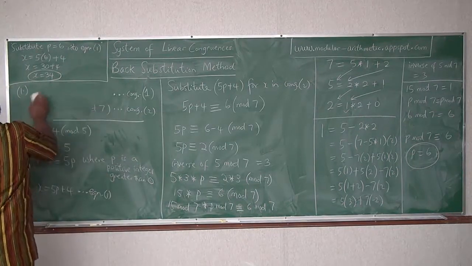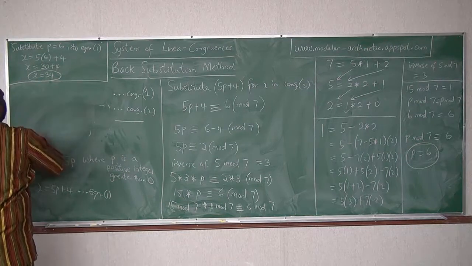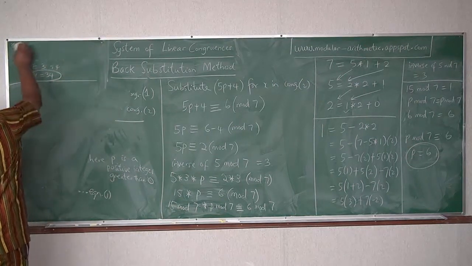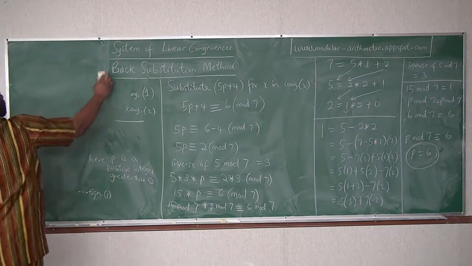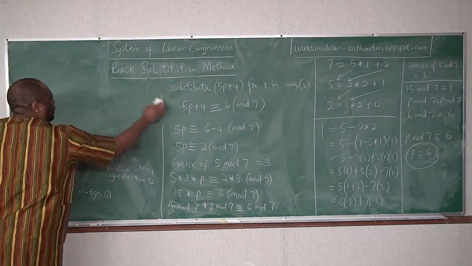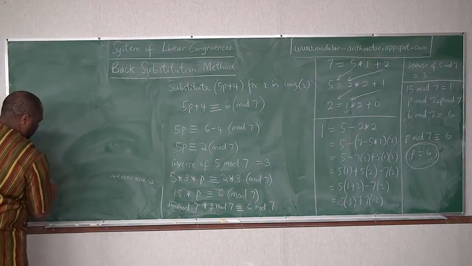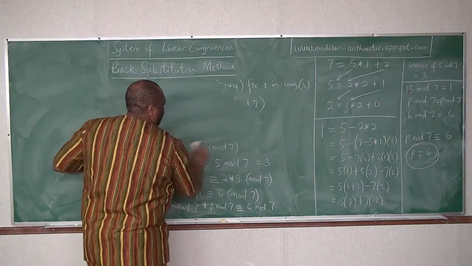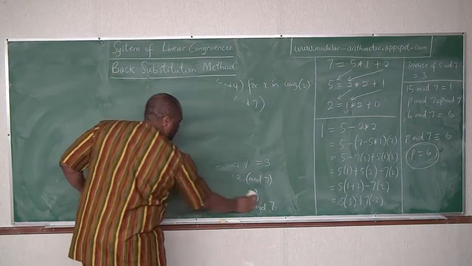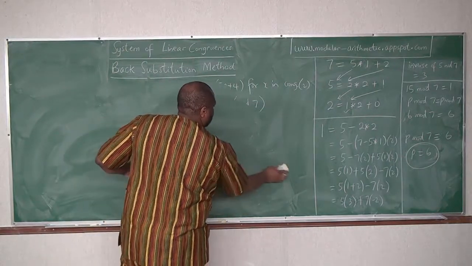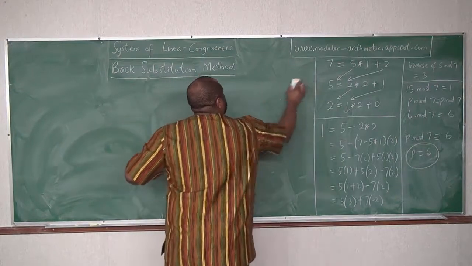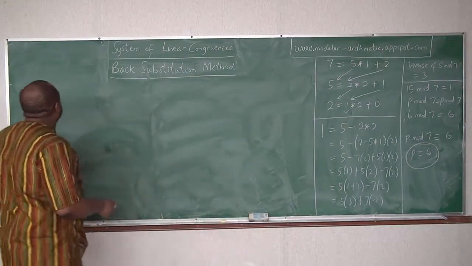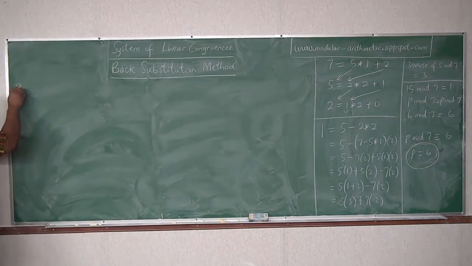Let's do example 2, a system of 3 linear congruences. Example 2.